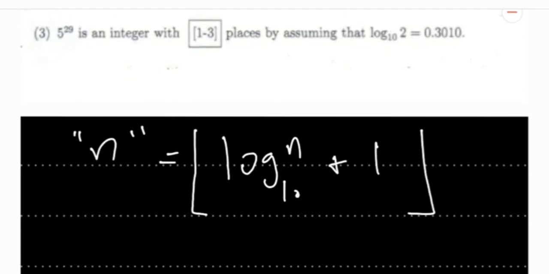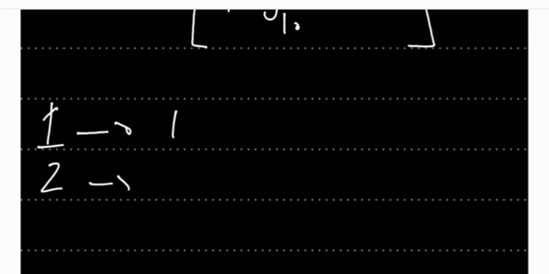So look, if you have a number, let's say 1, how many integers does it have? Well, 1, only one place. So what about 2? It also has one integer, okay? 3, one integer. 4, 5, 6, 7, all of them have one integer. And what about 9? One integer. Now 10. Something happened.